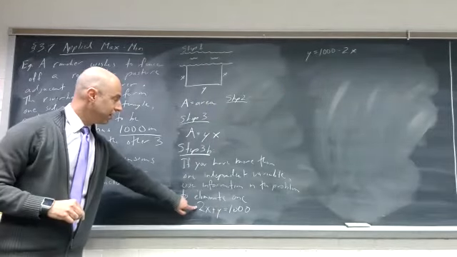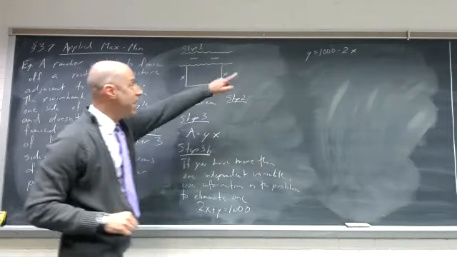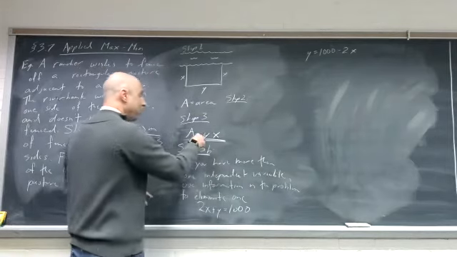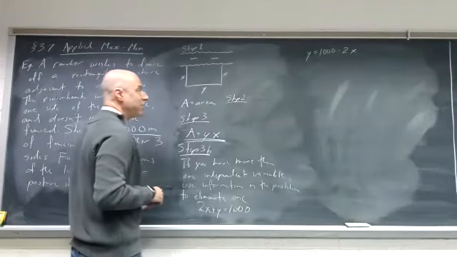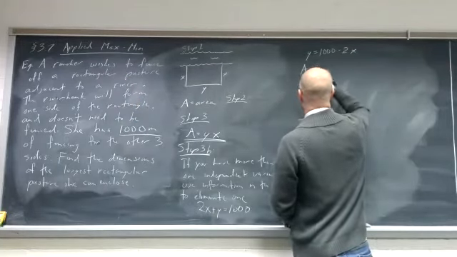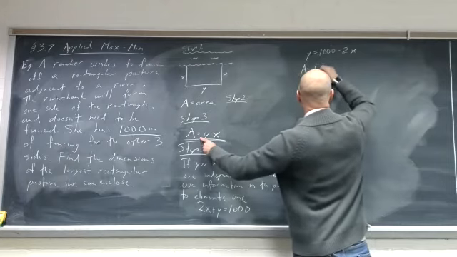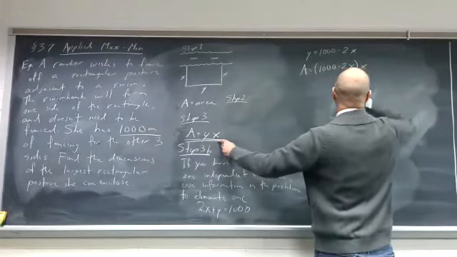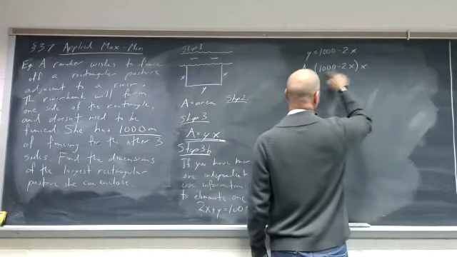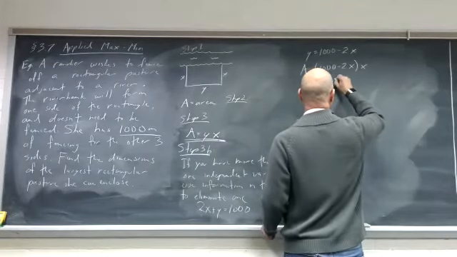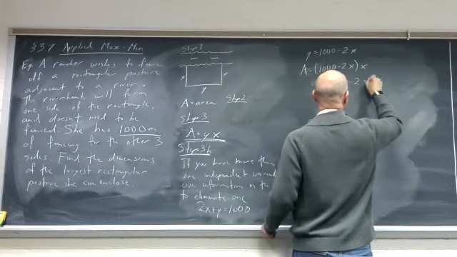Now I can take that, and in my original formula, wherever I see a y, I can replace it with 1,000 minus 2x. So A equals, instead of writing y, I'm going to write 1,000 minus 2x times x. And I can multiply this all together. 1,000x minus 2x squared.